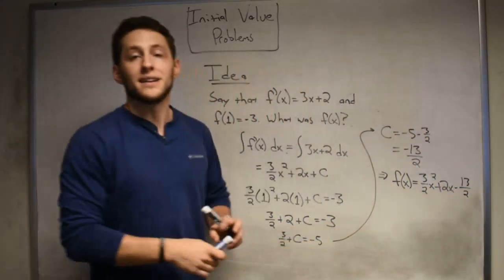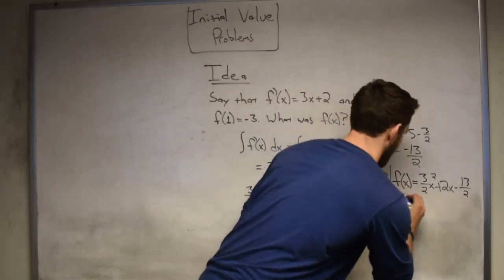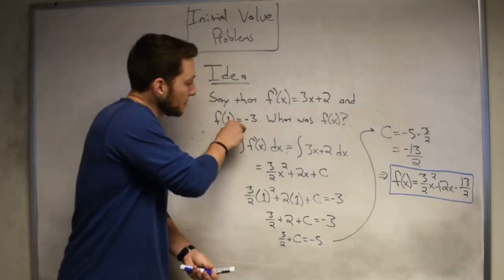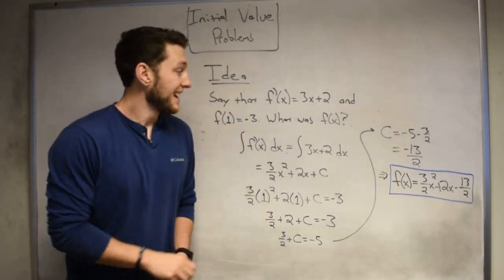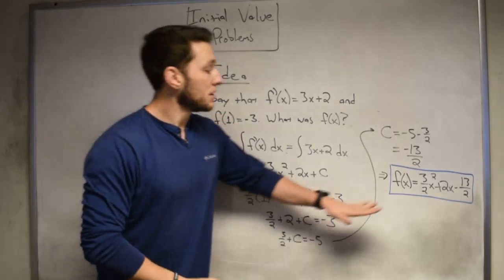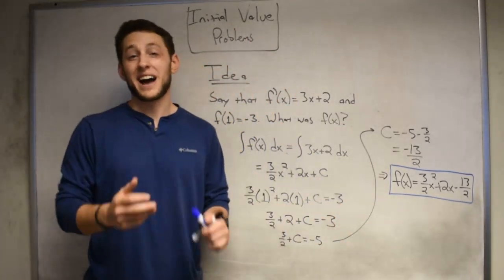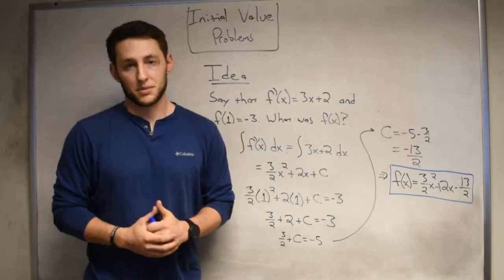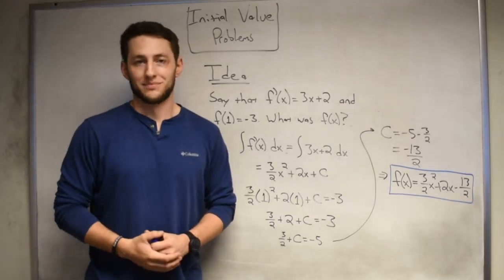And this right here is actually our answer. So given just a little bit of information about the original function and initial value, what we could say is we could actually get the entire original function, the unique original function. This is the idea behind an initial value problem.